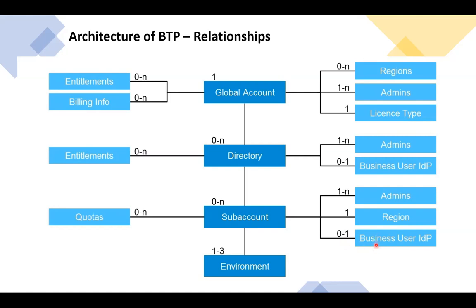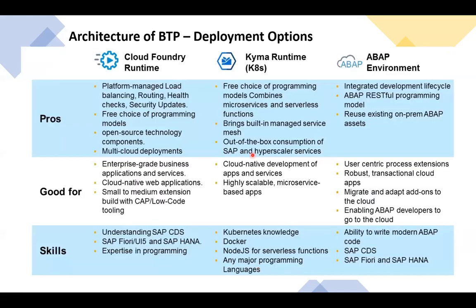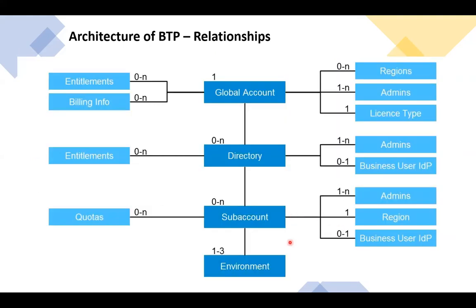So the authentication mechanism is what we are referring to as IDP here. And the environments: we can create 1 to 3 environments. Why? Because we have only 3 runtime environments, one for Cloud Foundry, one for ABAP, and one for Kyma. So only 3 runtime environments we can create under a sub account.